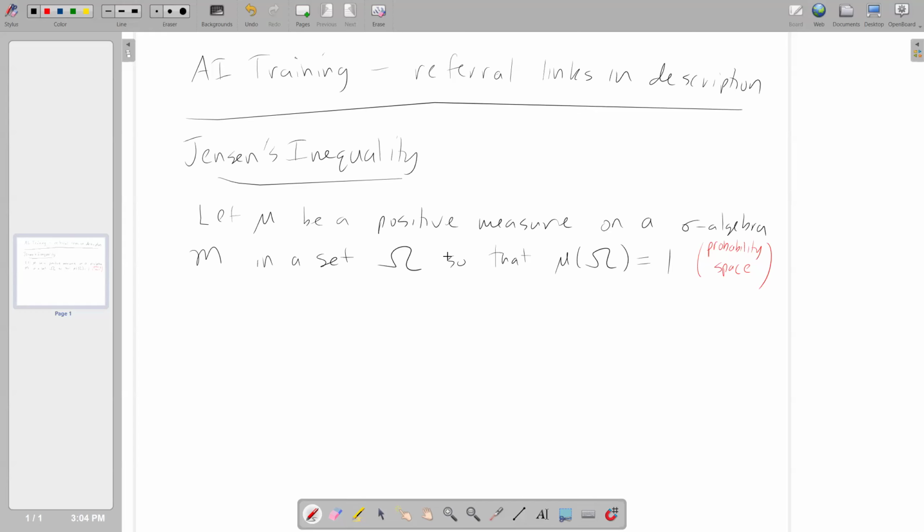So if f is a real function and the integral over omega of f d mu is finite, I guess I'll put absolute values in case it's not positive.